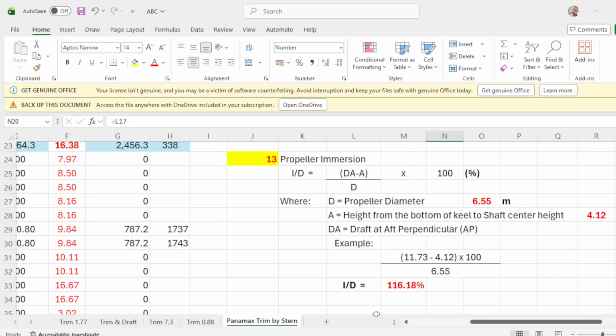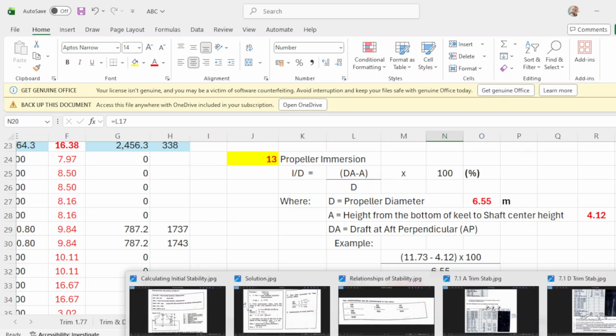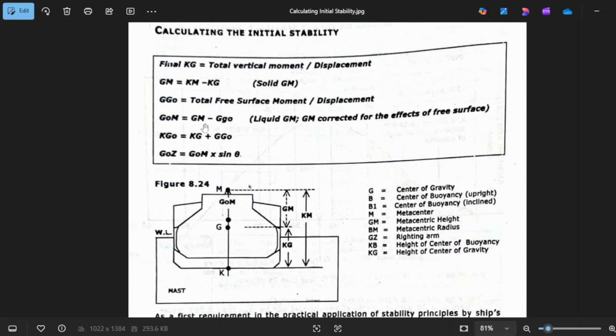Now again I'll go back to the figures. With GM, GGO, GOM, KG, KGO, and GOC, you can figure out which one is in this picture.